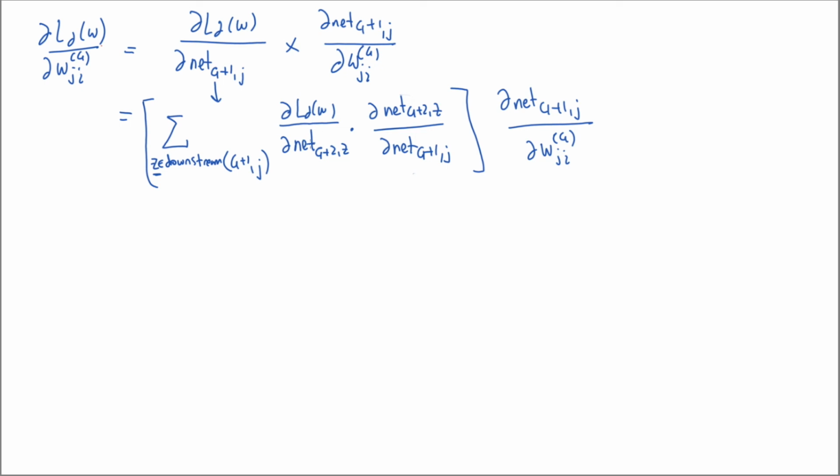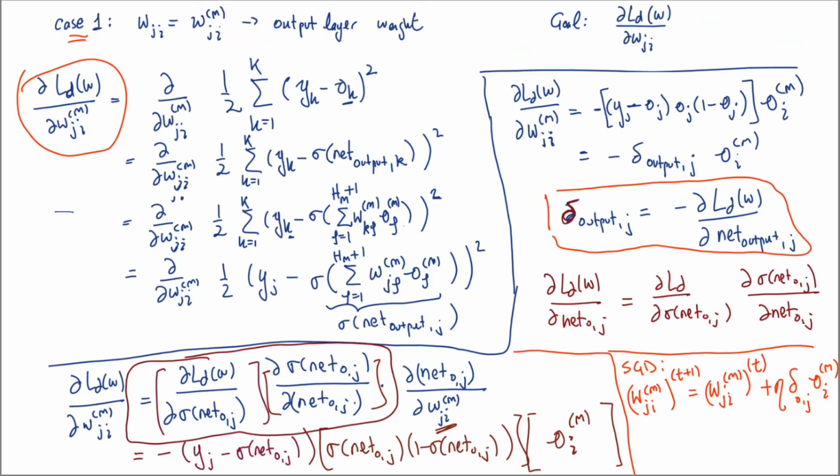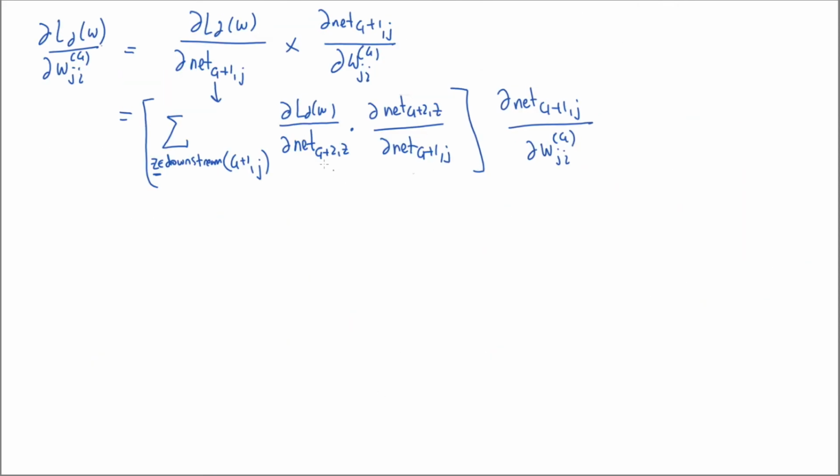Okay, now if you recall, when we did the case 1, I defined this delta guy, delta output j, as the derivative of the loss with respect to the net of the output j. Now you should hopefully see that this is going to be a recursive calculation, right?